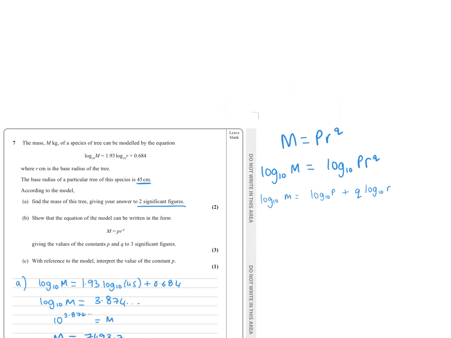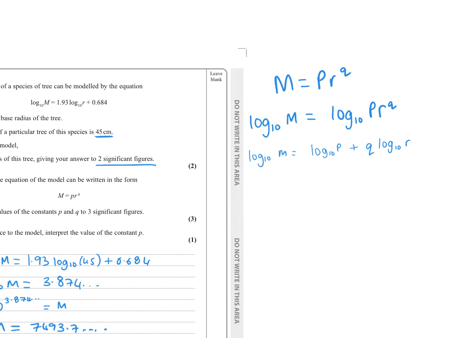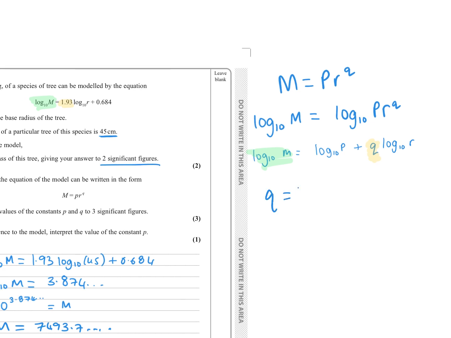I'm now going to match that up with what's happening. Log 10m matches with log 10m. 1.93 log 10r, 1 is q log 10r, so that must mean q equals 1.93.